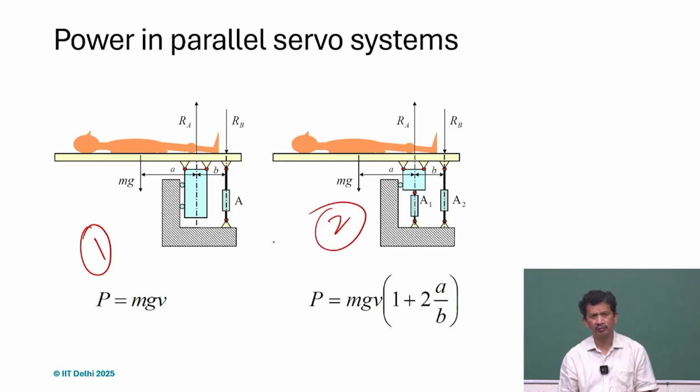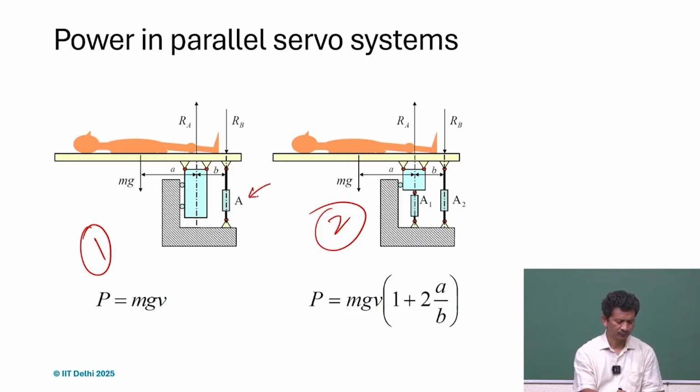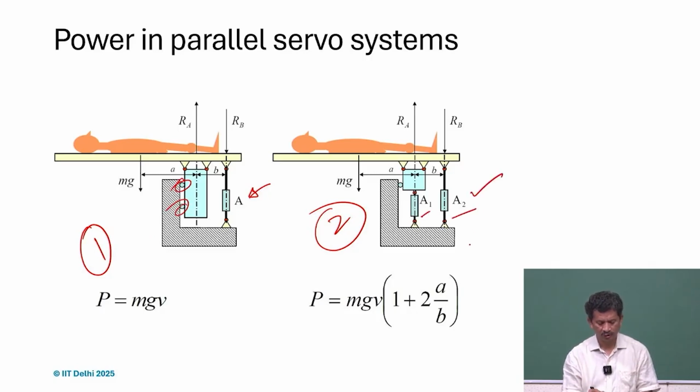In one design, you are using just one actuator, and the weight is guided by a vertical column using these two rollers. In the other one, you are using two actuators, and you try to manage both the lift and also compensate the tilt.